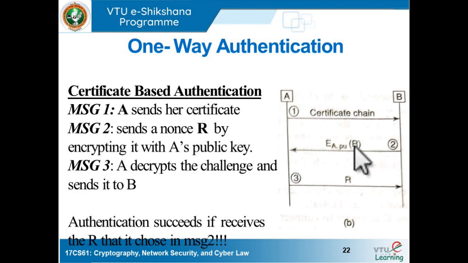B will select a nonce, encrypt it using the public key of A and send it to A. Once this message is received, A will decrypt the challenge, retrieve the nonce and send that nonce R back to B. Now if this nonce is the same as the nonce sent by B, then B is able to verify the authenticity of A. That is, authentication succeeds.